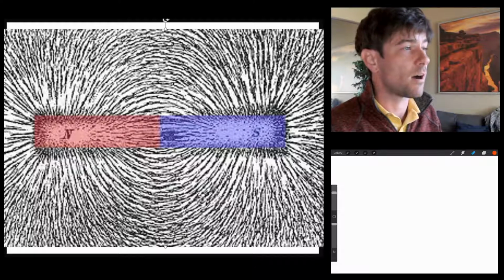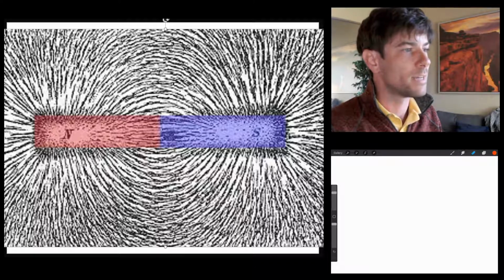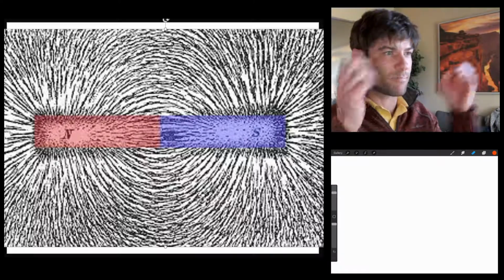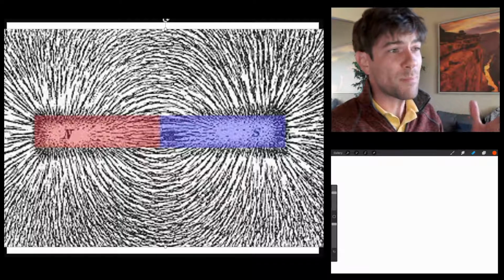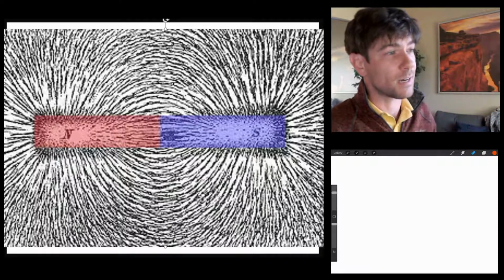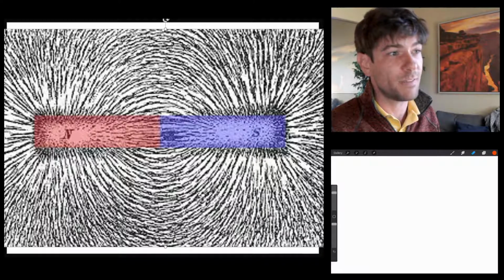If you sprinkle these iron shavings, this magnetic material, over this magnet, you might expect it to just get attached to the ends of the magnet, but that's not what happens. What happens is that if you do it very delicately, you'll find that all of the iron filings will align themselves in the magnetic field.